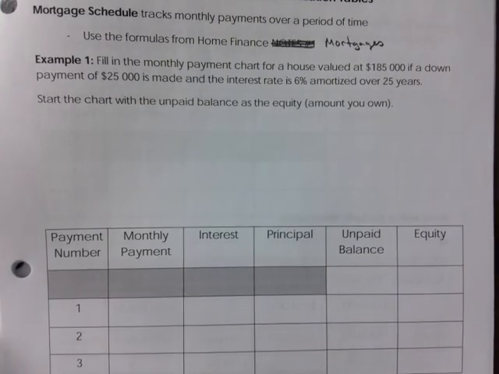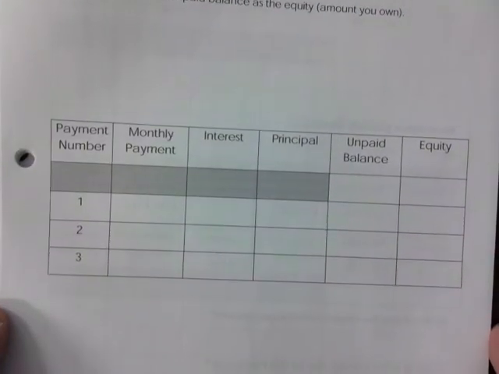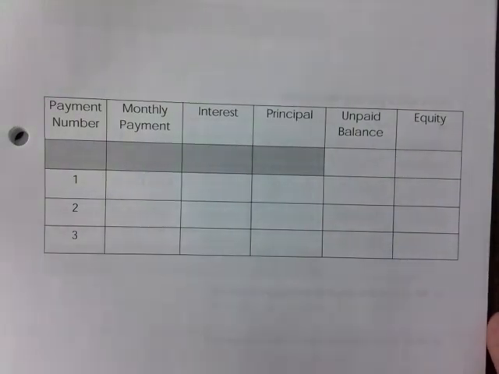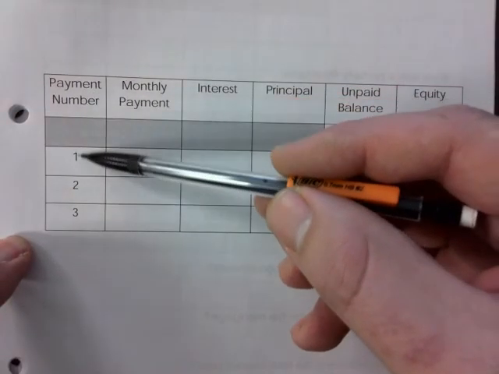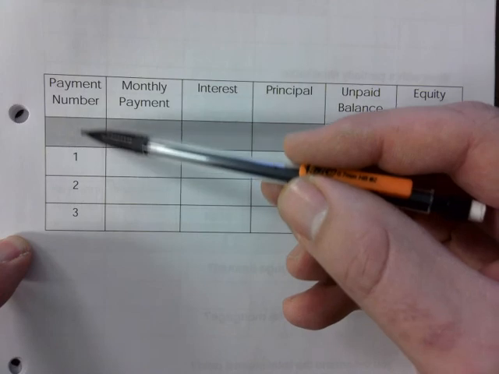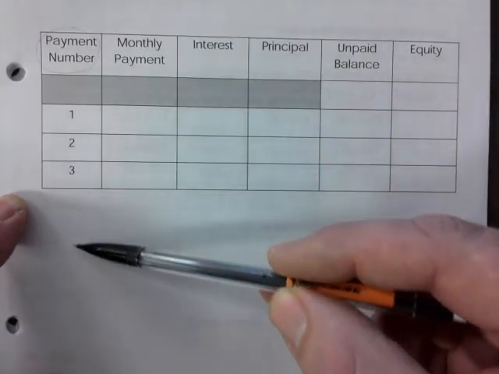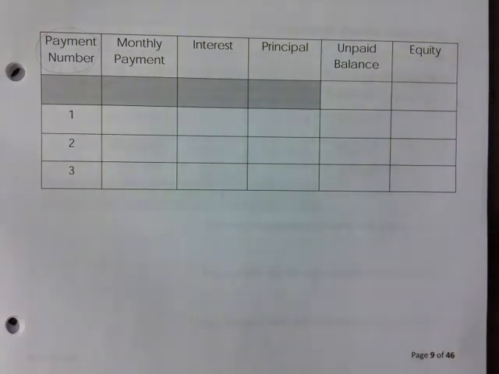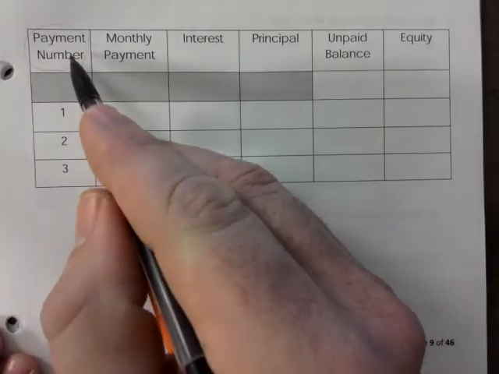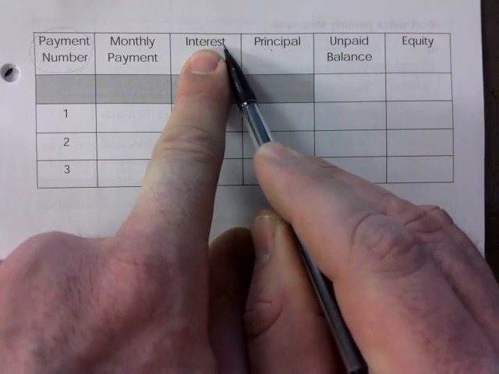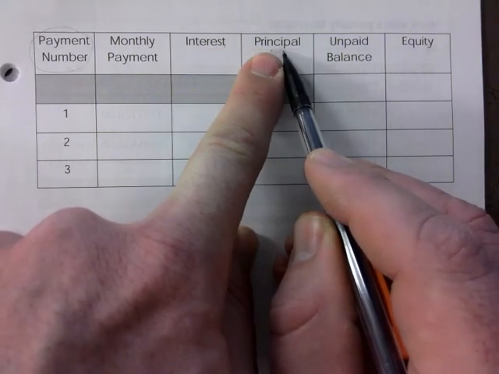Maybe I'll talk about it briefly before we get started. Whenever you take out a loan, any kind of loan, the bank technically should be able to provide you with this. Let's say you're doing this over 12 months and you make monthly payments. There should be a chart like this with 12 rows, where every single payment is broken down into the interest portion and the principal portion.